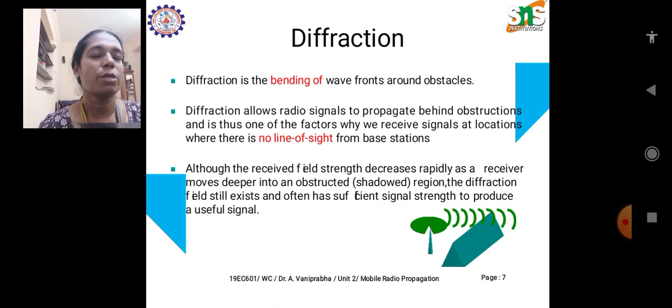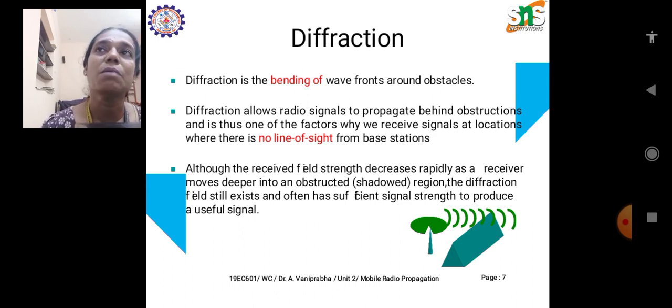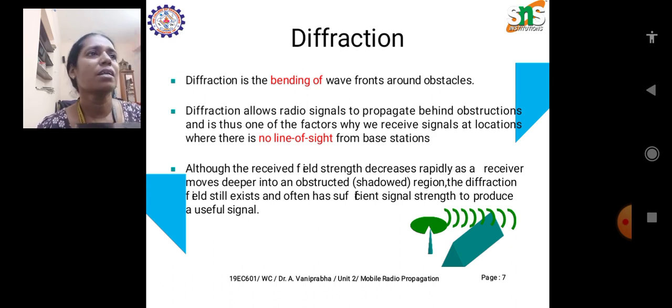Diffraction allows radio signals to propagate behind obstructions and is thus one of the factors why we receive signals at different locations where there is no line of sight from the base station. It is simply named as bending of waves. See here in this picture, you can easily understand.